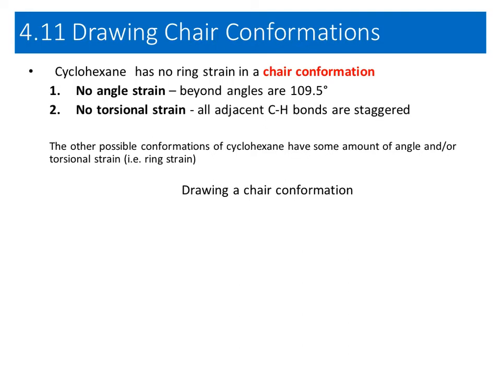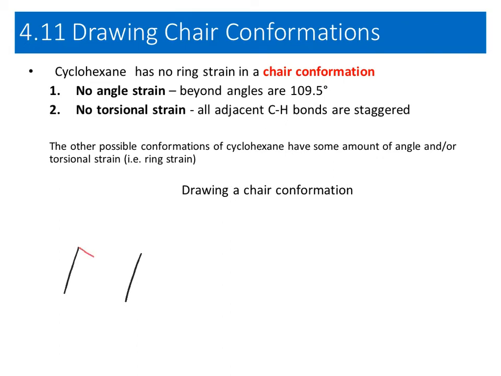Let's practice drawing a chair conformation. There are a few steps that you need to follow. Overall, we can draw a chair conformation using 3 sets of parallel lines. So I'm going to draw the first set. I'm going to draw them with a little bit of angle. Okay, they are parallel to one another. And then I'm going to have 2 longer lines and 2 shorter lines. The longer lines are parallel to one another.